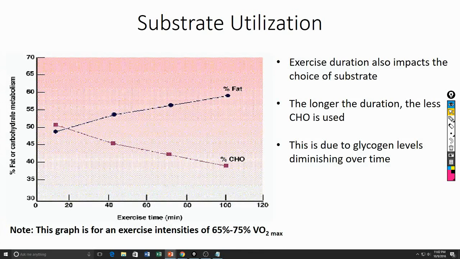The reason being is it was only 100 minutes long. 100 minutes, or even less in some cases, is sufficient to glycogen deplete an untrained person. Also, such a drastic decrease in glucose or carbohydrate is indicative of having lower training status.